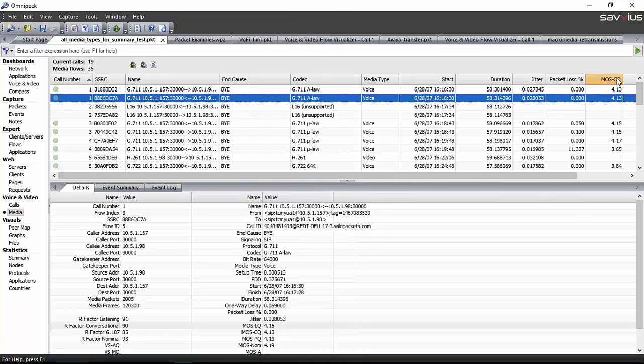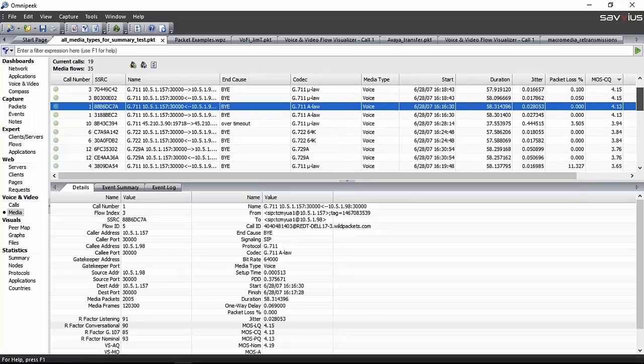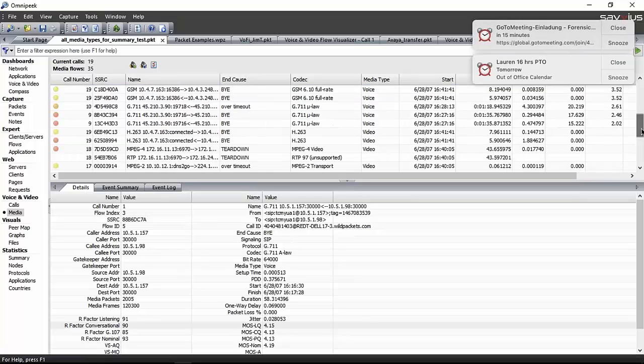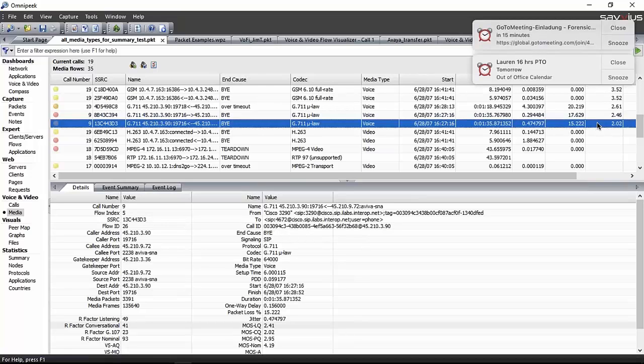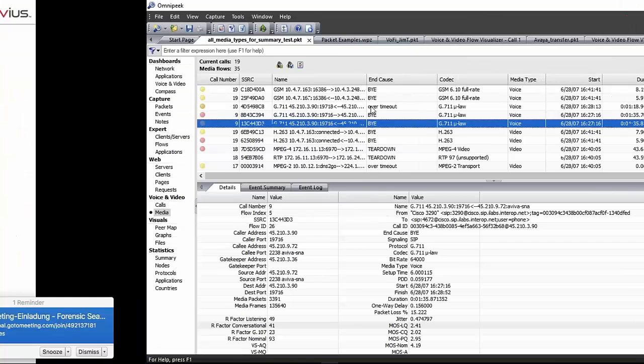I see what my scores are, and I can ask my software to move my calls around and now list them by mean opinion score. Scroll down, I can see where my twos are, and then from there quickly zoom in on that call instead and see what its hops were, etc. So being able to see these metrics is critical.